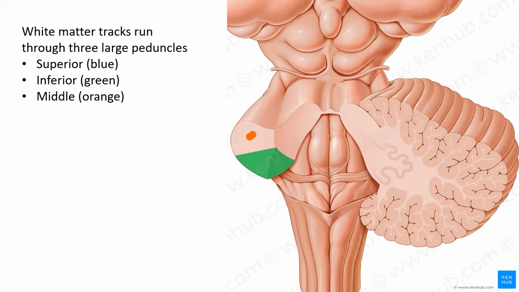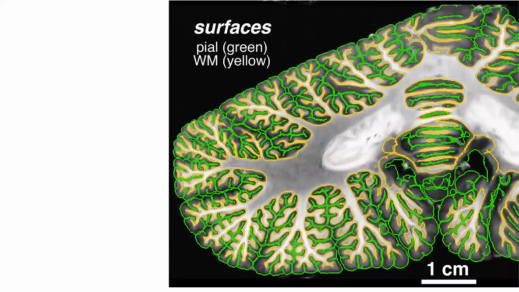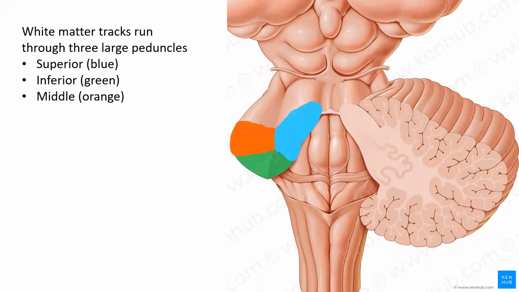The cerebellum communicates with the rest of the cerebrum through three large peduncles, the inferior in green, superior in blue, and middle cerebellar peduncle in orange.